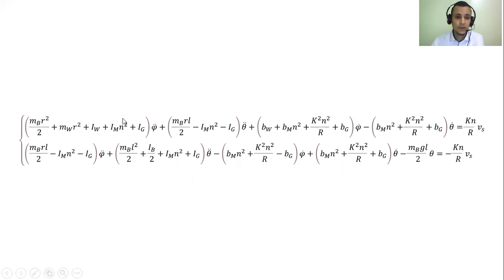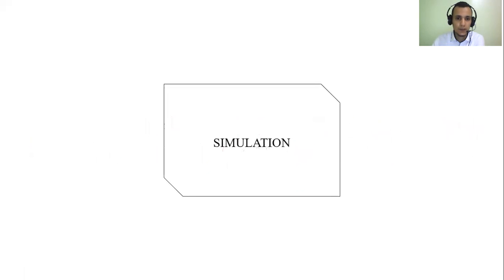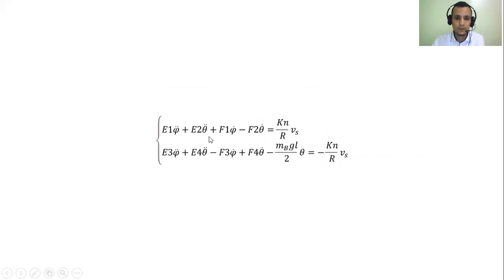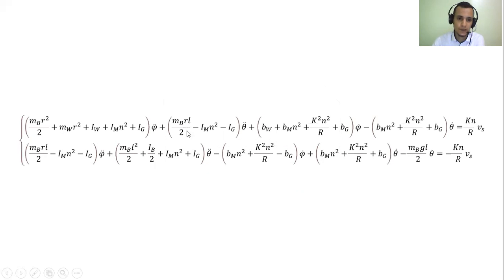All right, now we move on to simulation. We substituted these values between brackets into these letters because they are constants. Yes, all of these between brackets are constants.